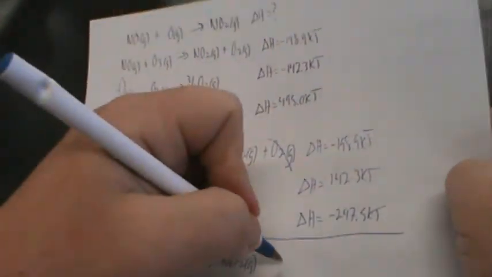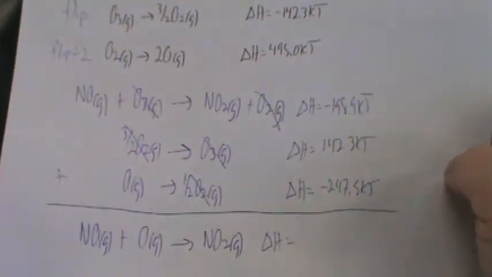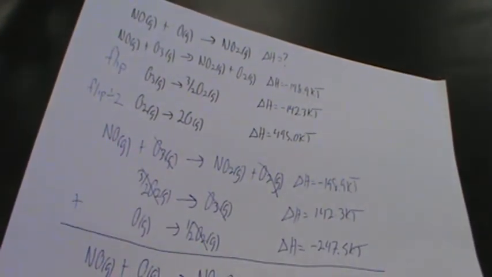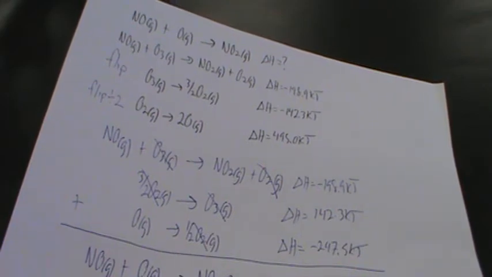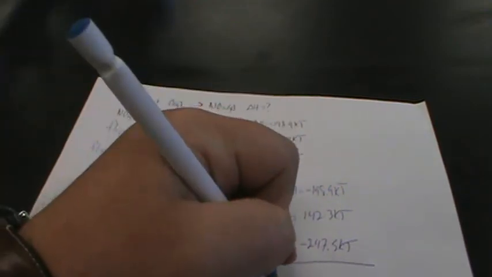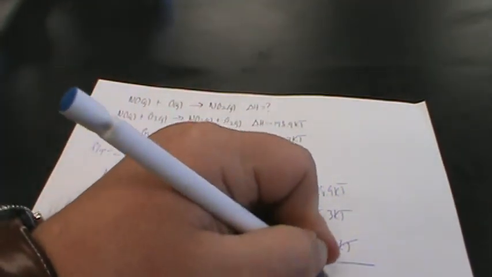So we have our overall reaction that we're looking for. Now for the change in enthalpies, we take negative 198.9 plus 142.3 plus negative 247.5, and I'm coming up with an answer of negative 304.1 kilojoules.